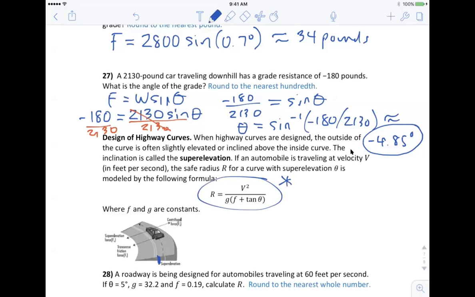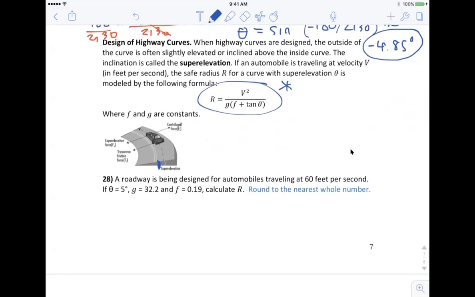Okay, so if I look at the problem, the velocity is 60 feet per second. We're trying to find R, the safe radius for the curve. If this is kind of a circle, what is that safe radius, which defines the curvature of that road?